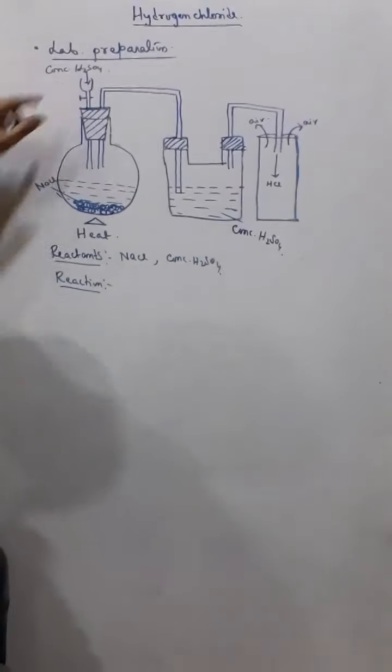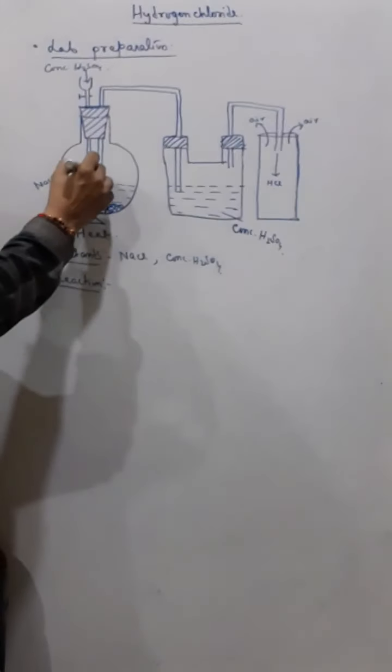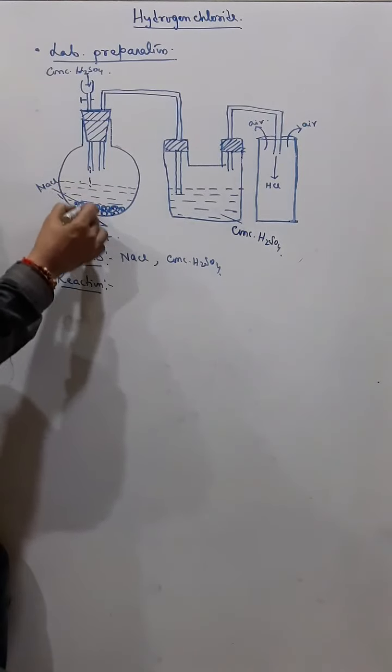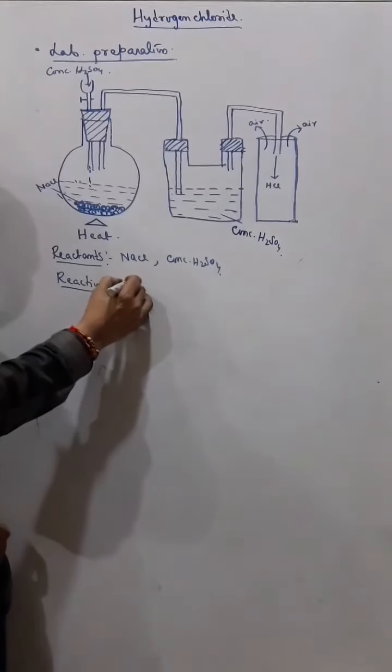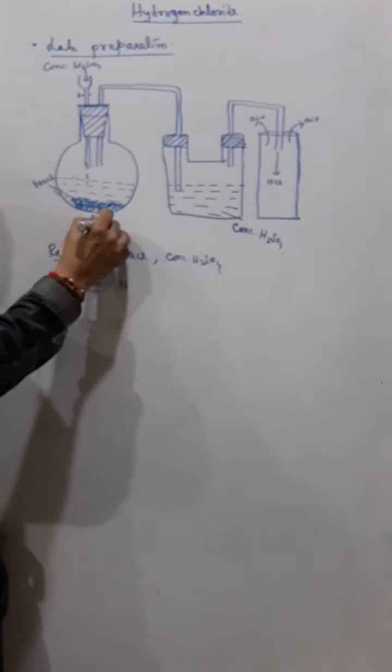Then from the thistle funnel we pour some concentrated sulfuric acid drop by drop here. And the reaction starts between NaCl and concentrated sulfuric acid. And we have to heat it, but the temperature should be below 200 degrees Celsius.